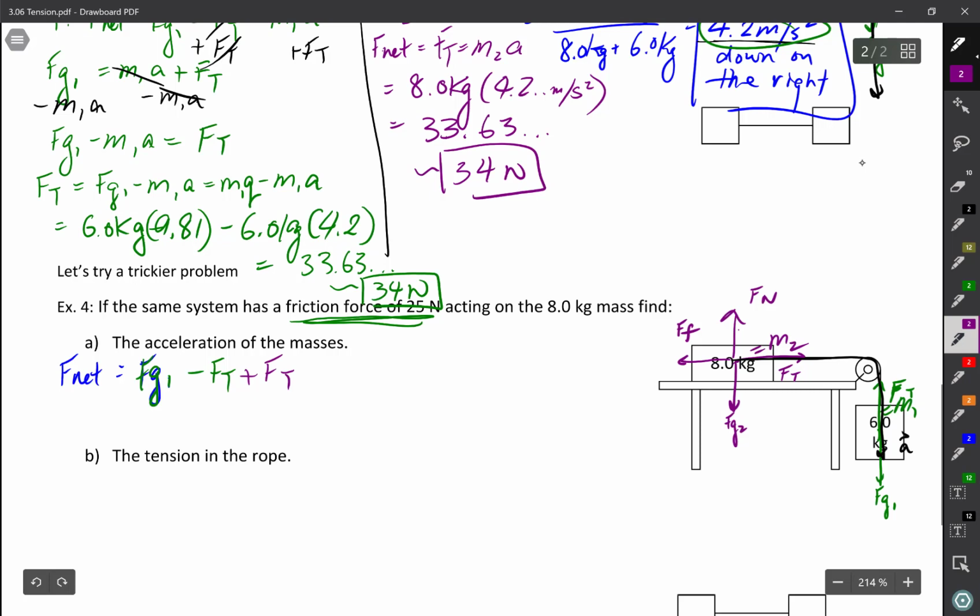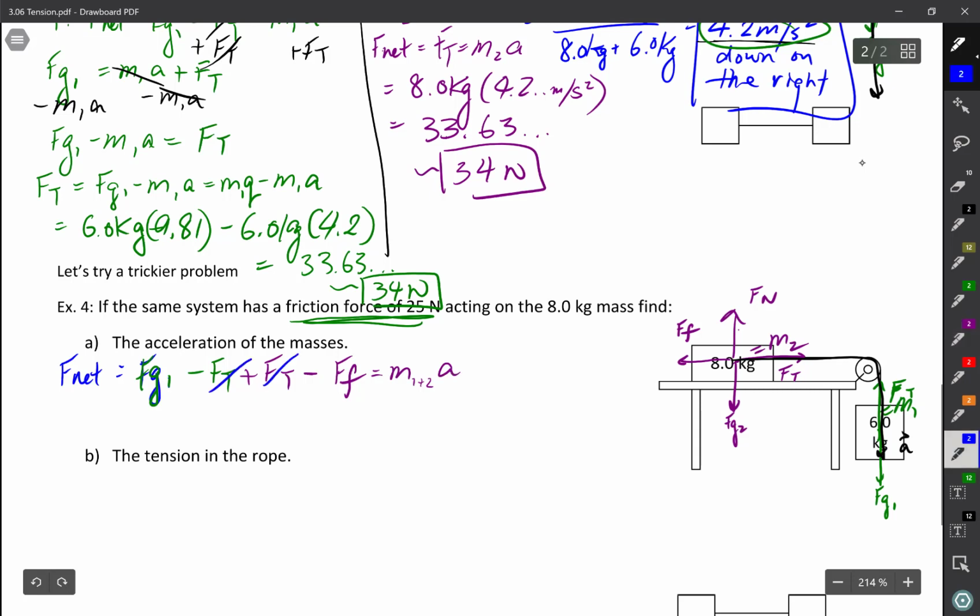Now what's different here is we have a friction force, and a friction force opposes the direction of our acceleration. So that's going to be a minus here, which is going to be equal to mass 1 and 2 times the acceleration.